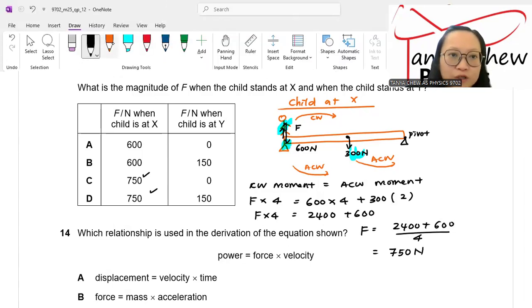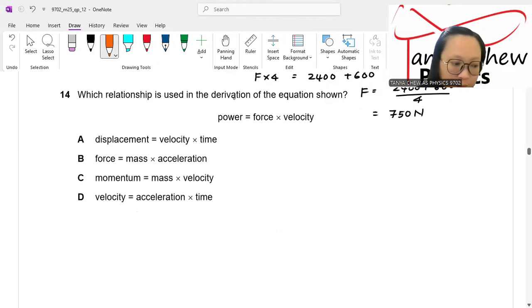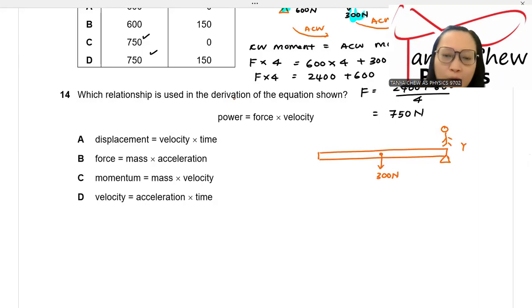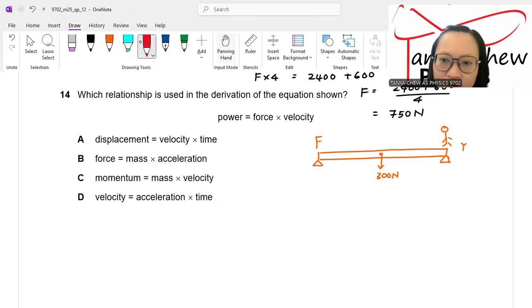So what happens if the child is at Y? Can I continue from here? When the child is at Y, this is the weight of the plank, which is 300 Newton, and this is Y, and the child is at Y. I want to find the force F, so I cannot set the pivot at X. I would like to set my pivot at the center of the plank.